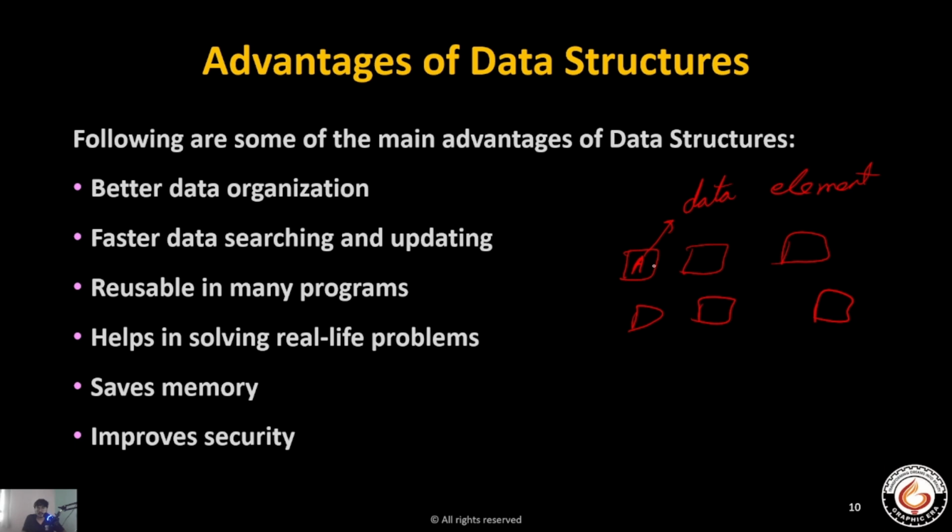If the database is not managed properly, then A will be present in different locations also, because there will be redundant data in our database. So if we secure one copy but forget to secure another copy of this data element, it will be bad for security. That's why data structures are also used in data security.